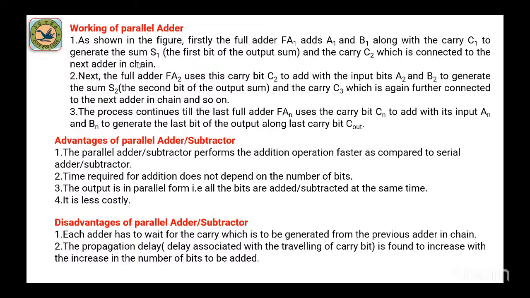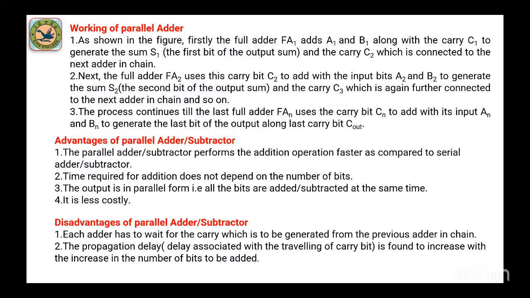Working of the parallel adder. The first full adder adds A1 and B1 along with the carry C1. It generates the sum S1 and the carry C2, which is connected to the next adder in the chain.